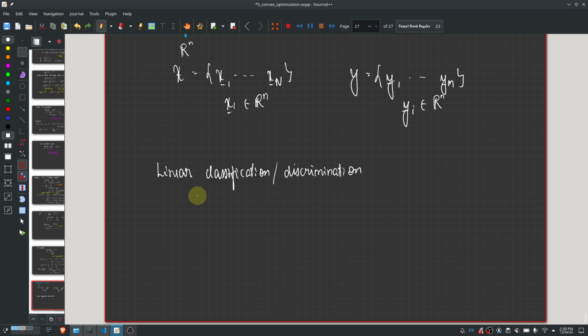So given x and y, can we construct a hyperplane? A hyperplane, as you know, is described by two objects. One is the normal vector and the other is the shift.